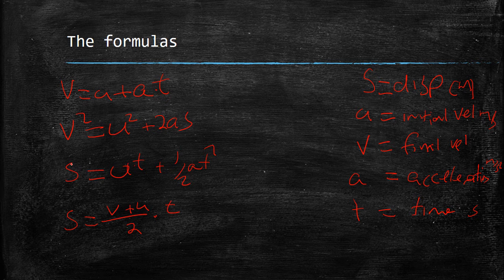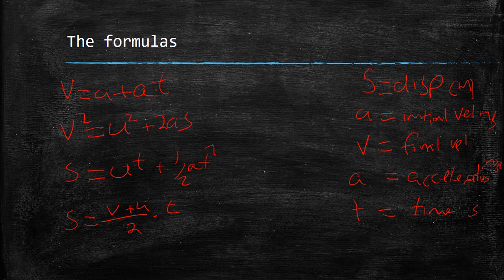This third formula is saying that the displacement of an object from its starting point is equal to the initial velocity times time plus half times acceleration times time squared. This final equation is saying that the displacement of an object is equal to the final plus the initial velocity over 2, or in other words, the average velocity, times time, which makes sense, right? That would just be a rearrangement of the velocity formula.